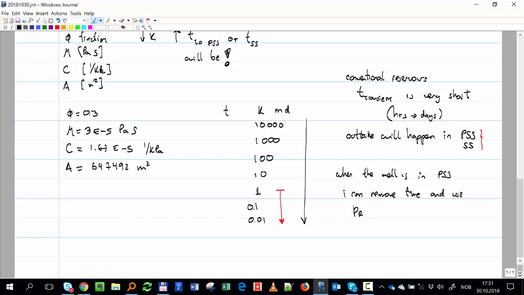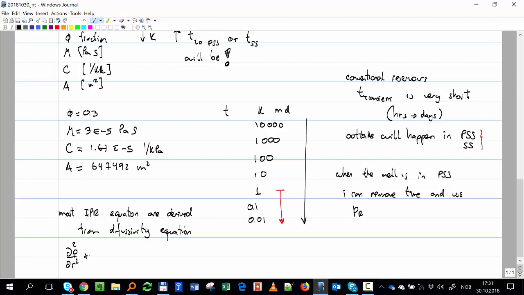And we will see tomorrow or maybe today, but most IPR equations are derived from the diffusivity equation. If you remember those from reservoir engineering, what is it?